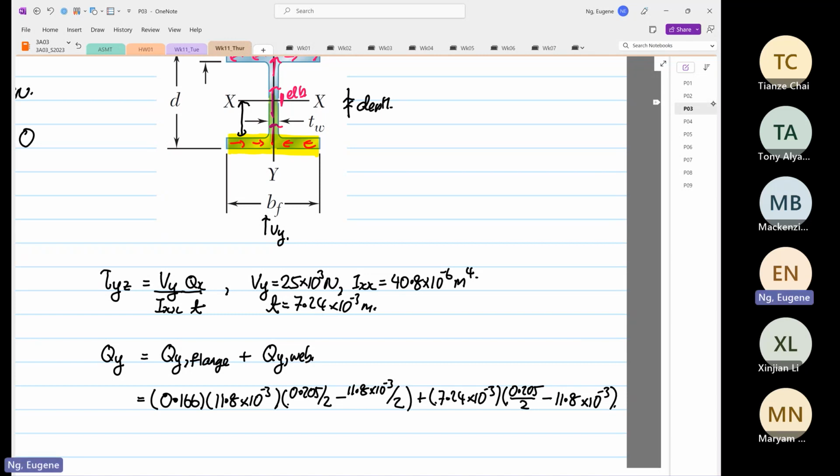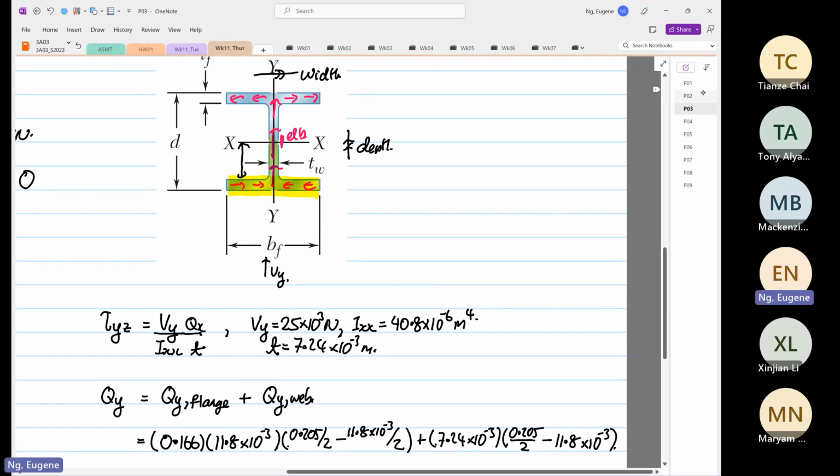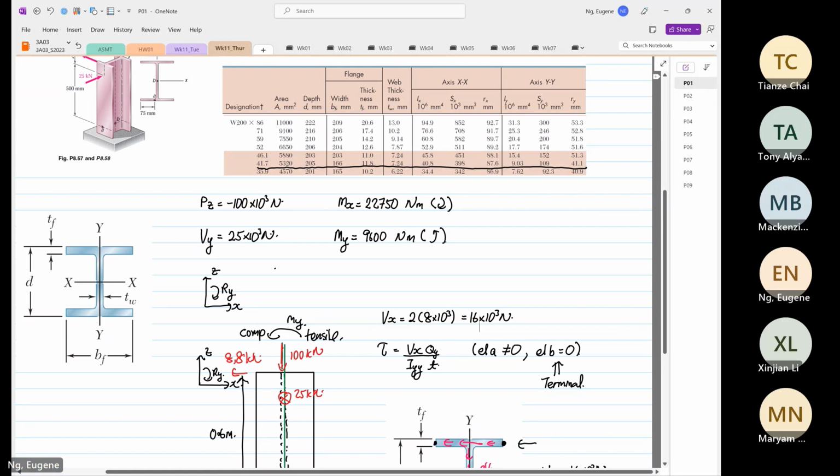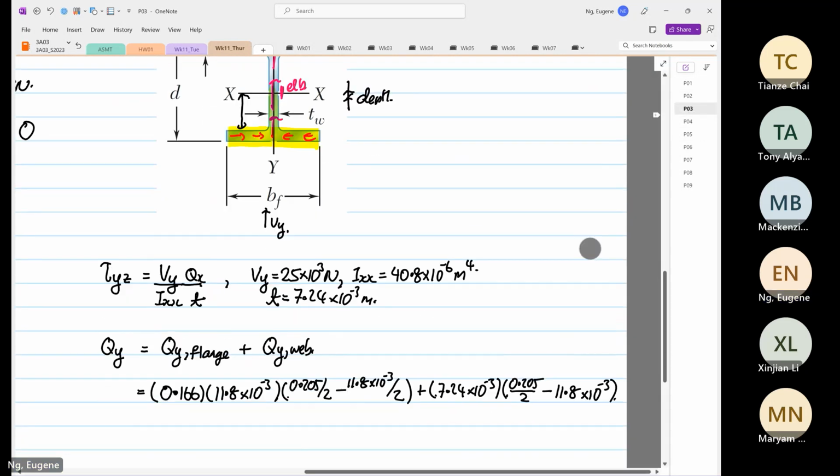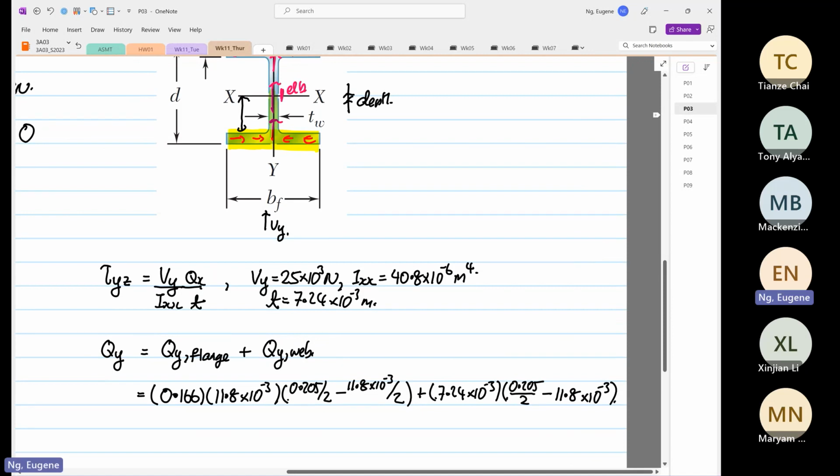Let me be sure: thickness of flange 11.8. So this is the distance from here to here.